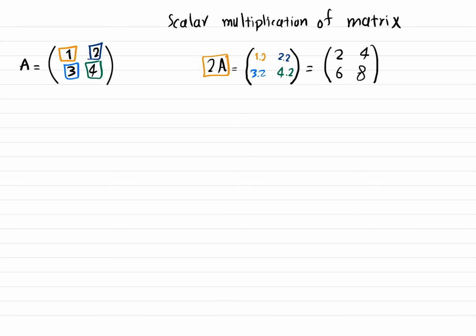Let's consider another example. For example, we have matrix B, which equal to 1, 2, 8. And we want to obtain minus B. Okay. One multiplied minus 1, 2 multiplied minus 1, 8 multiplied minus 1.